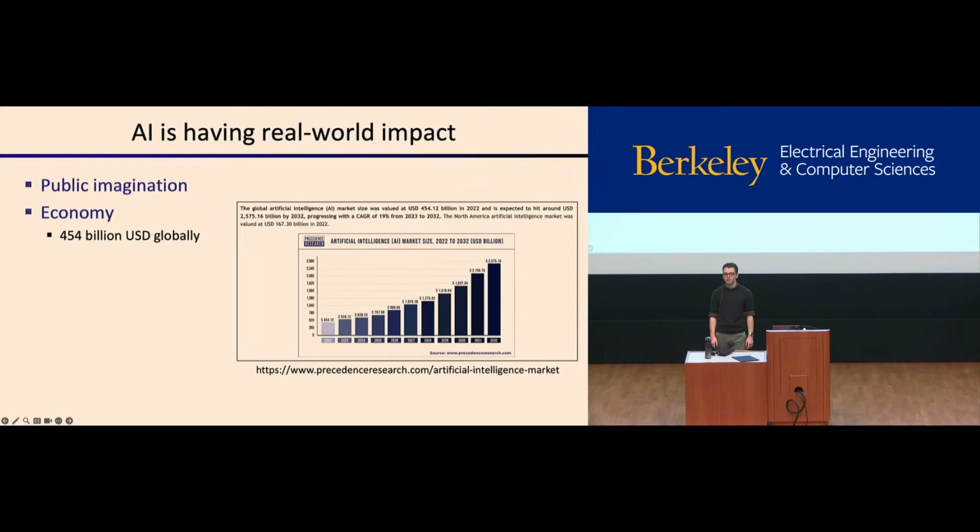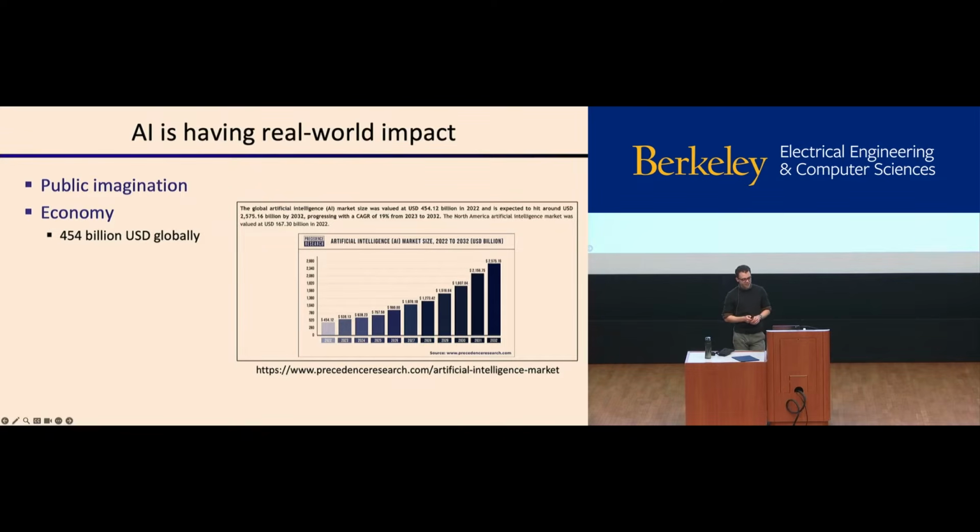One of the consequences of this is that it's having an impact on the economy. There are lots of ways to measure this, but they're estimating that $500 billion of the global economy is AI right now, and it's only projected to go up. I mean, they always project it's going to go up, because that's good to project. You heard it here.